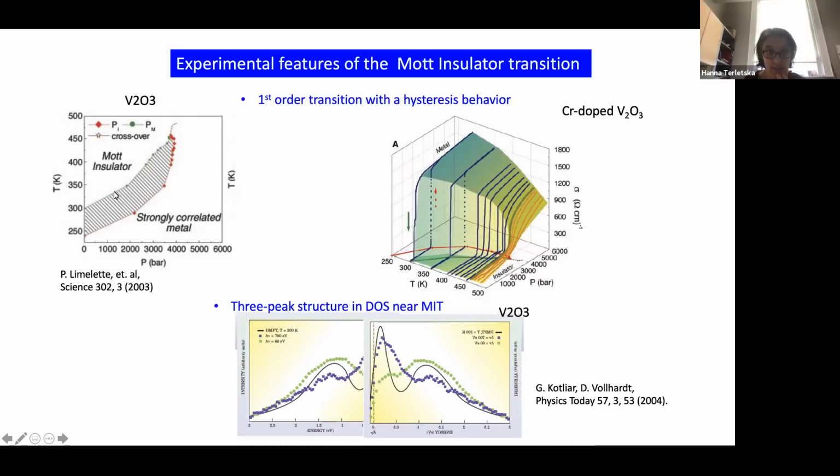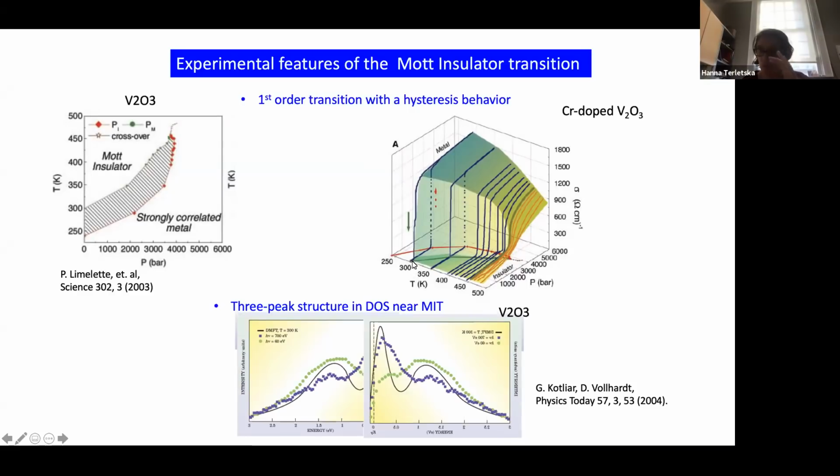You see there is a shaded region which corresponds to the coexistence region, and over this region you would have what you usually see for first order transition behavior, that you will see hysteresis behavior. This can be better demonstrated in this graph, where you show conductance as a function of pressure and temperature. For low temperature, we can go from metal to insulator as we decrease pressure. As you decrease pressure, there is a huge jump and the system becomes insulating.